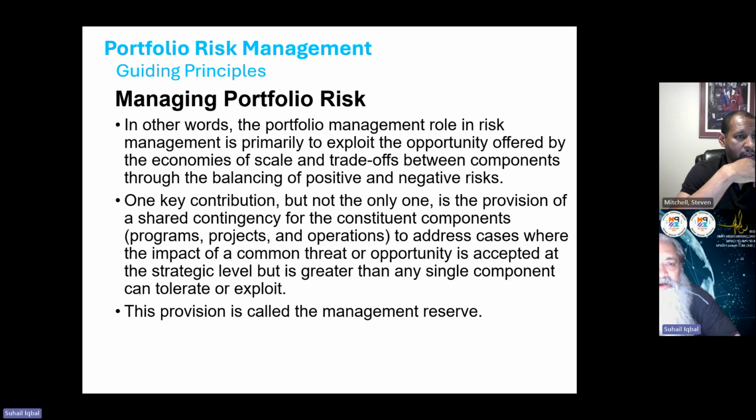Management allocated contingencies for each one of the components plus some management reserves. Now just imagine what the management reserves at the portfolio level will be. You understand my point? These are the management reserves for all the projects and programs. They are shared at the portfolio level. So all the risks occurring at the portfolio level can be fed out of that.